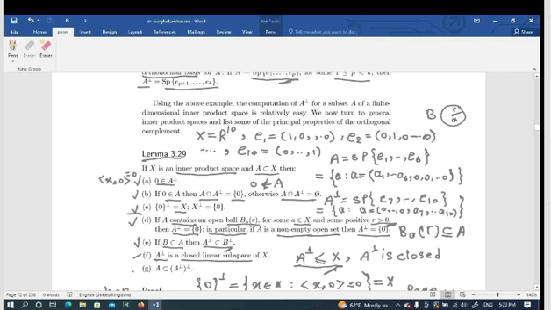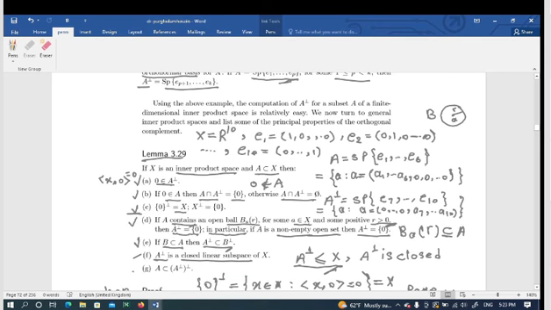D: if A contains an open ball B(a, r) for an element a and a positive radius r, then A orthogonal equals {0}. So if A contains an open ball, it's like this.